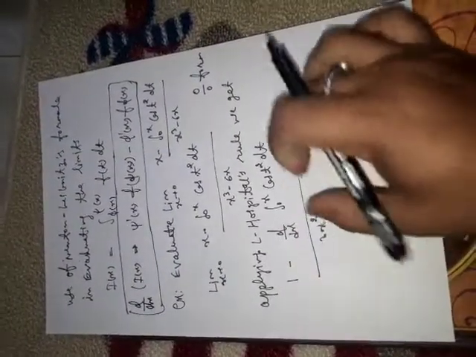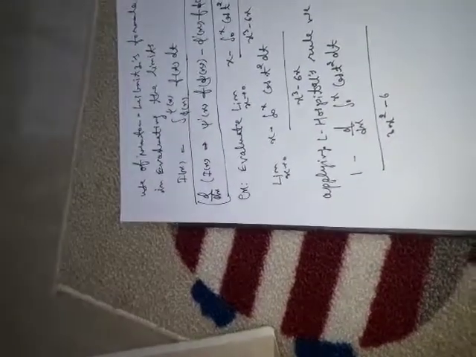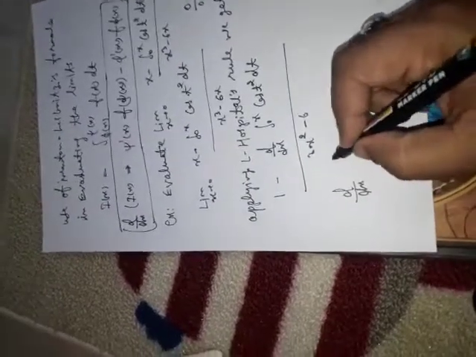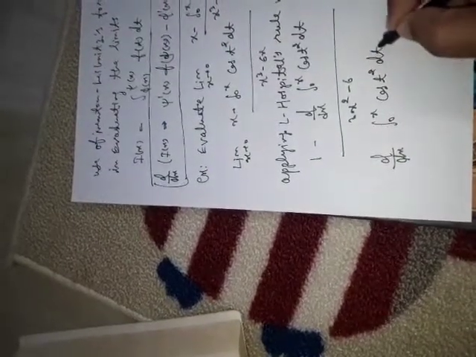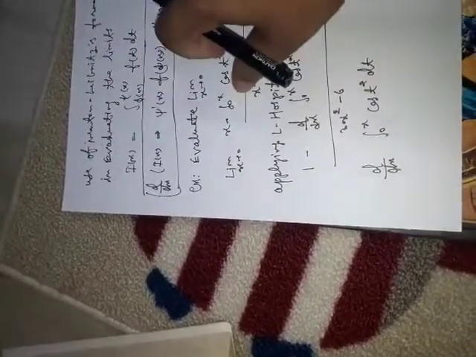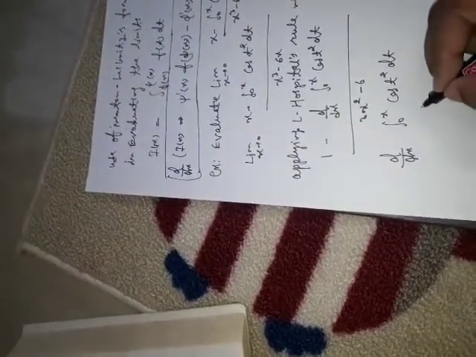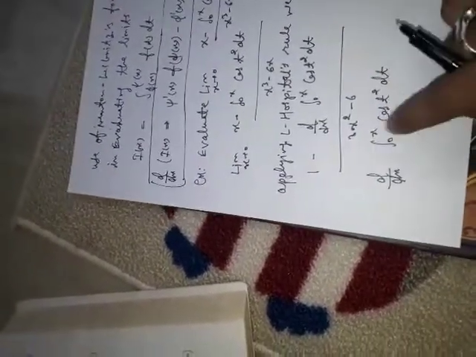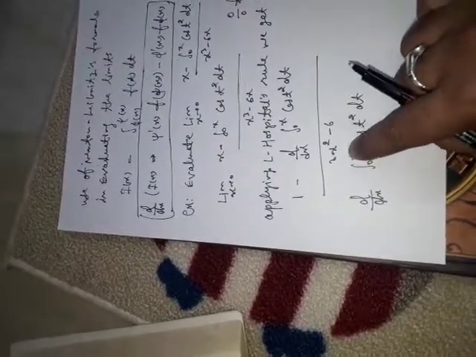We will evaluate the differentiation of the integral from 0 to x of cos t square dt separately. Okay. d upon dx of the integral from 0 to x of cos of t square dt. We have studied the rule that the differentiation of an integral is: first differentiate the upper limit with respect to x.